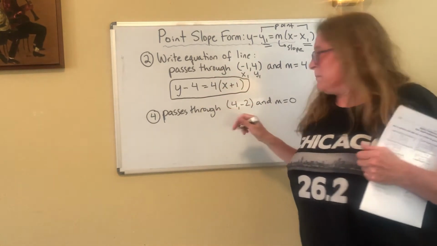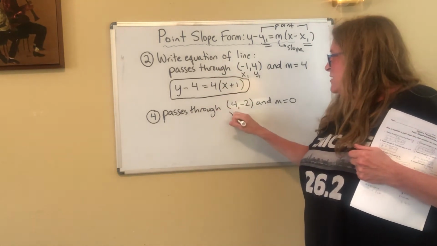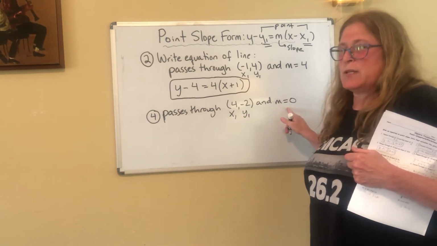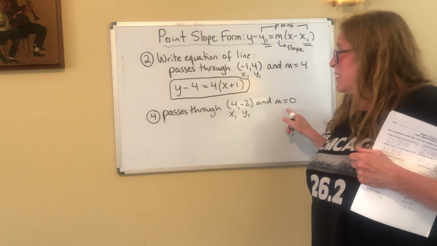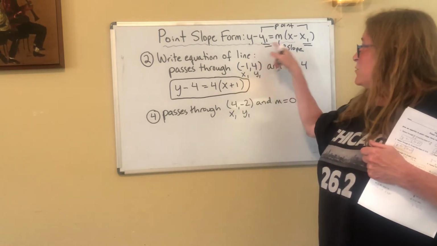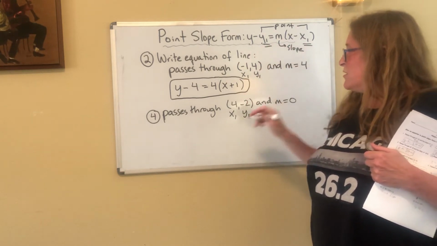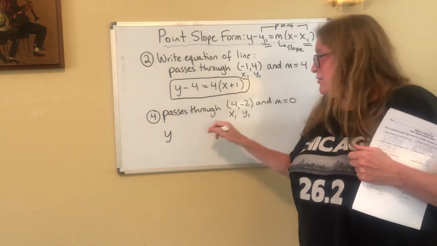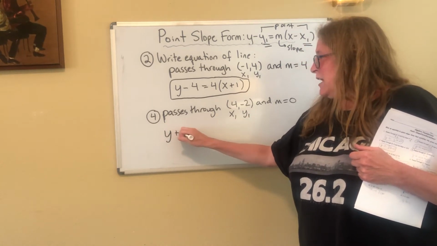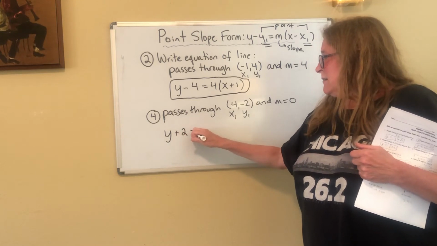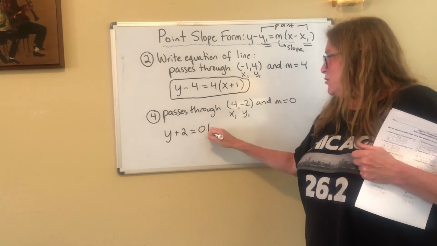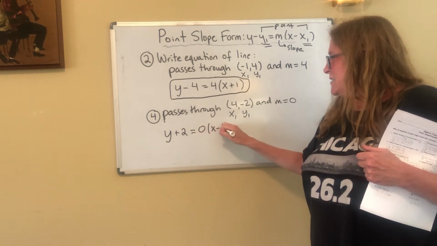Let's try one more. Here's my x1 and here's my y1, and what's a little weird about this one is that the slope is 0. So if I want to take x1, y1 and the slope and put them in, I would have y, and then notice that says -2, so that's going to be y plus 2. Our slope here is 0, and this is going to be x minus 4.